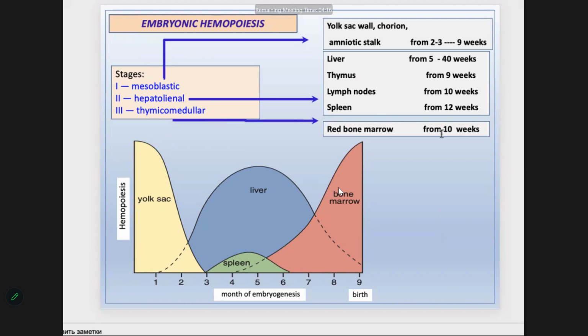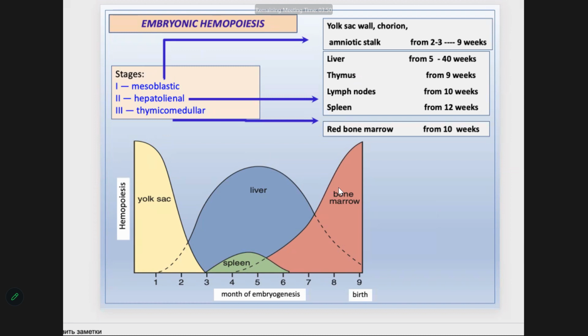This stage starts from 10 weeks of embryogenesis and lasts up to 14 weeks. At this stage, formation of blood takes place in the red bone marrow and continues in the thymus. These are the 3 stages in embryonic hemopoiesis.